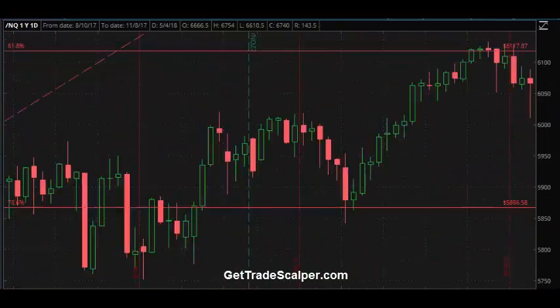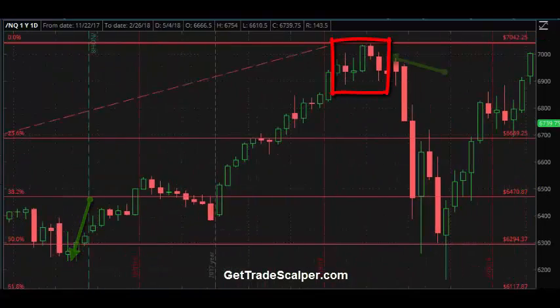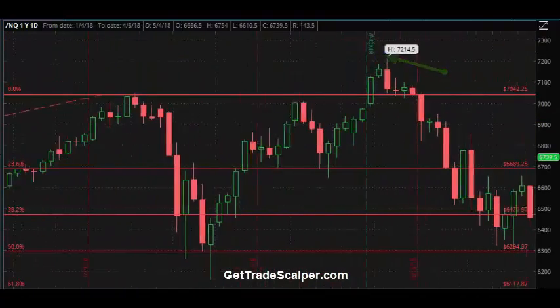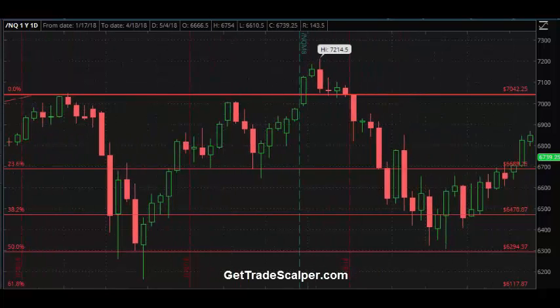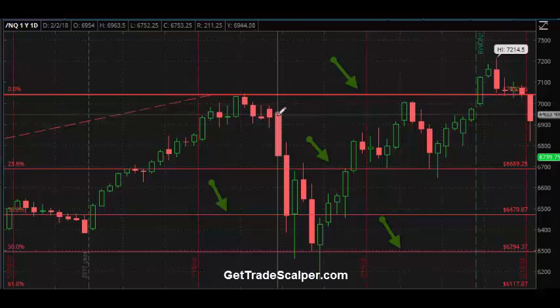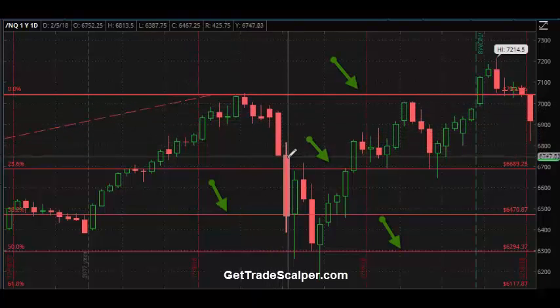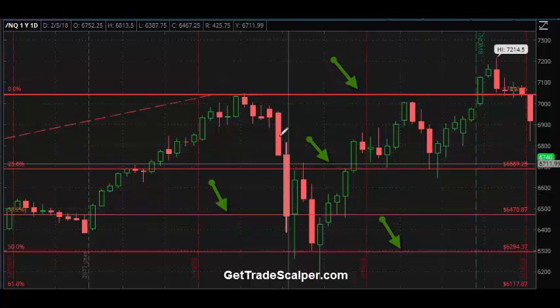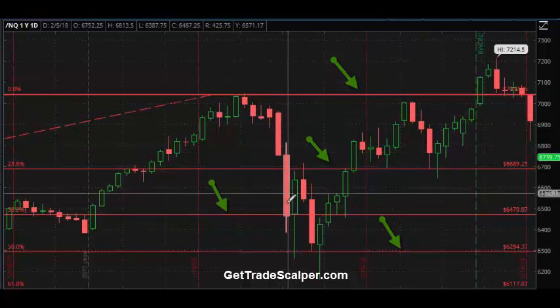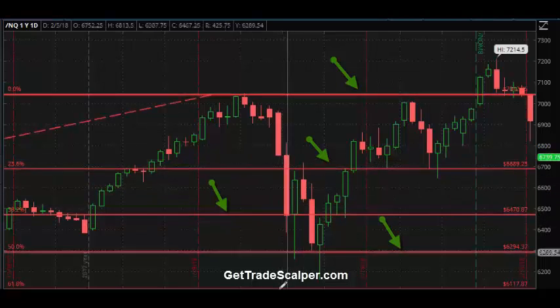Get a good viewpoint. So we have the low there, and we have the high there, right? And price begins to print lower closing highs, lower closing lows, down between support, becoming resistance.